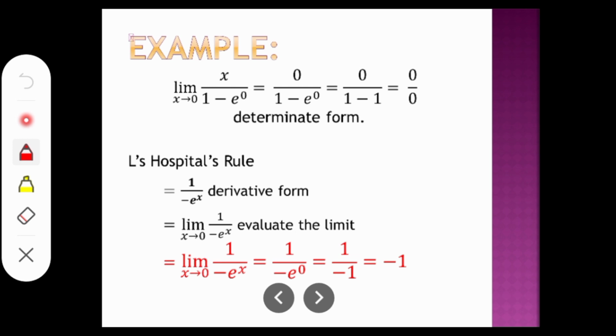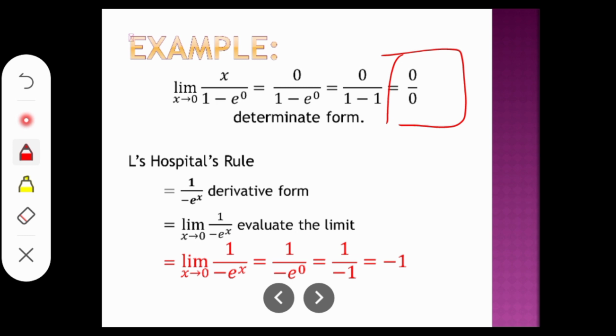Since e raised to 0 is 1, we get 0 over 1 minus 1, which is 0 over 0. So this is an indeterminate form. To get the true value of our limit, we need to use L'Hopital's rule.